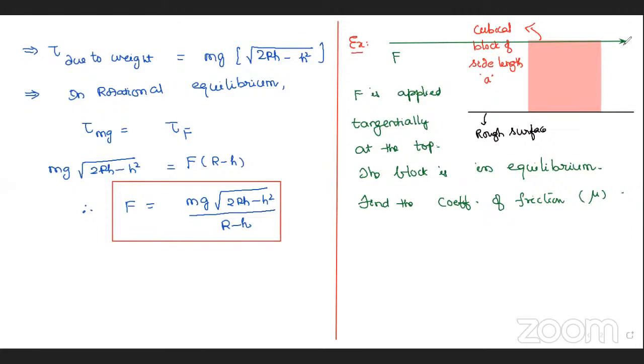If it tries to slide over the surface, I think one force will oppose the motion. That is nothing but friction. So I think friction will act like this. This is friction.